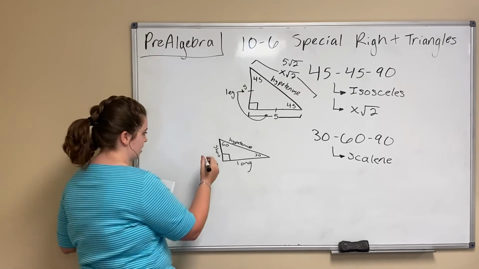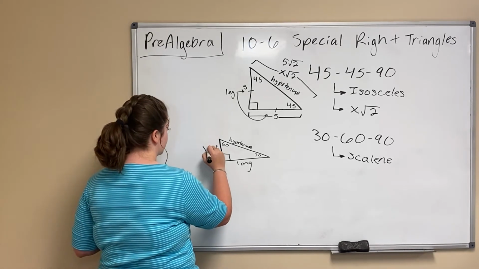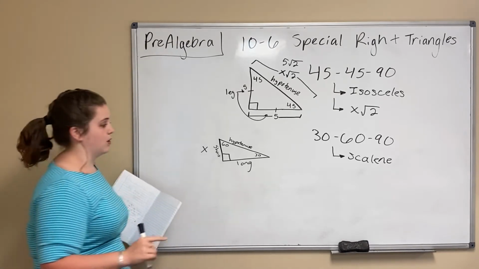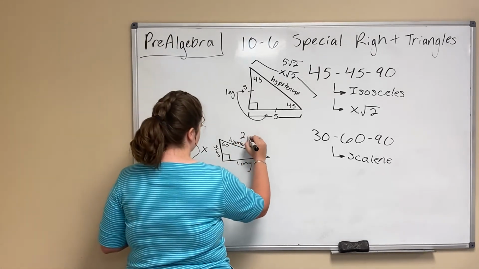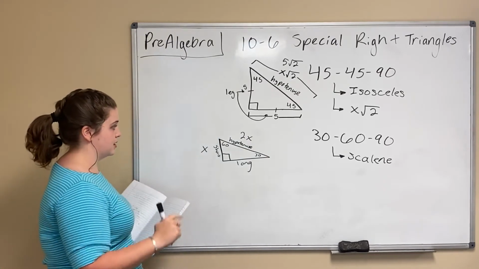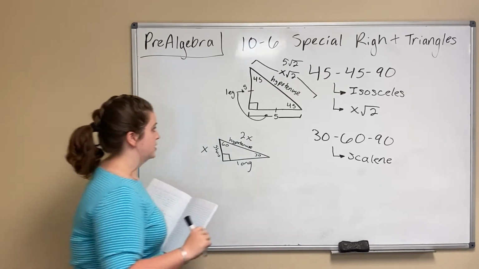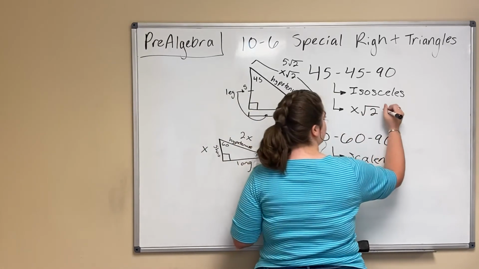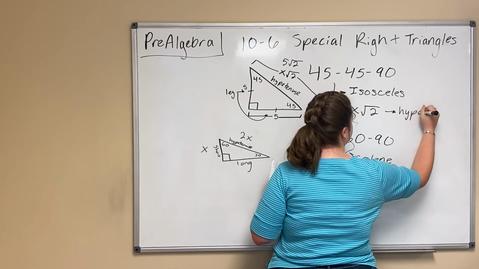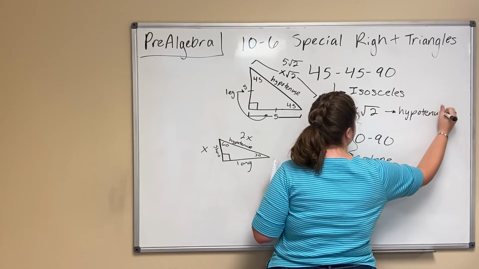Now, when you're looking at a 30, 60, 90 triangle, the short leg, we're going to call it x for right now. If the short leg measures x, the hypotenuse of that triangle will always be 2 times x, if it's a 30, 60, 90 triangle. Let me see, up here, x times the square root of 2 was the hypotenuse, right?